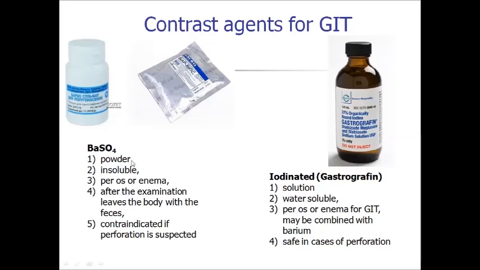Barium sulfate is an insoluble powder. It is administered per os or by enema, and after examination leaves the body with feces. A very informative, very good contrast agent, but the last contraindication is if perforation is suspected.